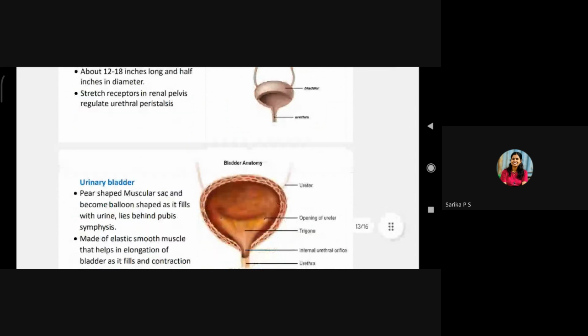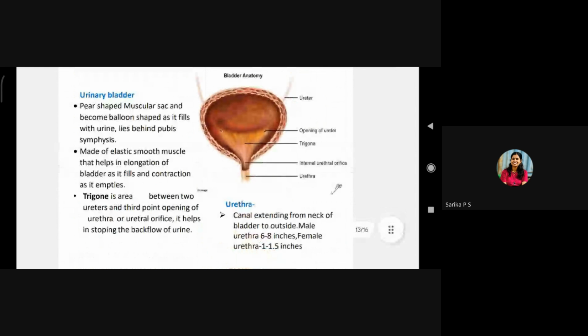Now we will learn in detail about the urinary bladder. So the urinary bladder, you can see in this picture, is a pear-shaped muscular sac. It becomes balloon-shaped as it fills with urine, and lies behind the pubic symphysis. So this bladder is stretchable.